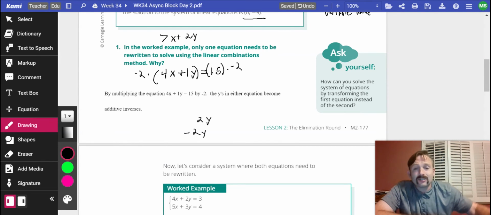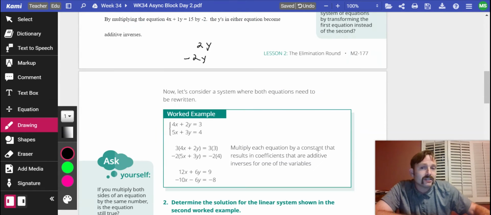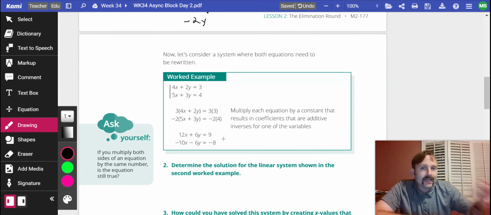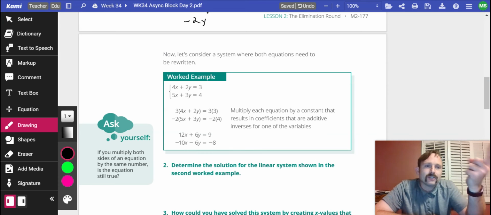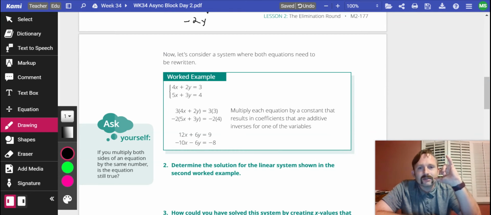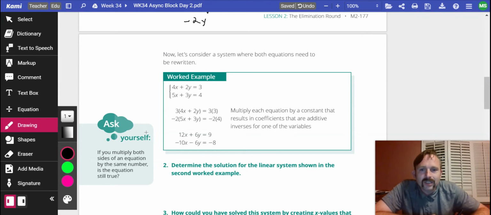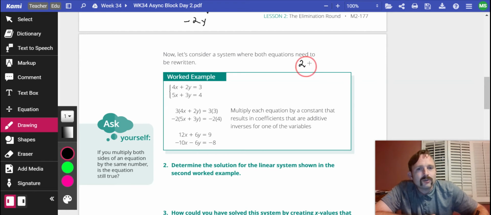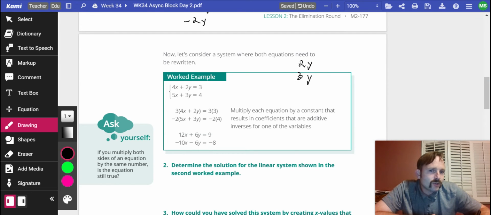Now, there are certain systems where both equations need to be rewritten. In that case, we have to figure out what the other number is. Sometimes we just need to multiply by the other number. Looking right here, it looks like we're going to get rid of this 6y right here. 6y and -6y. Well, we have 2y and 3y. 2 times what equals 3? Nothing. 3 times what equals 2? Nothing.